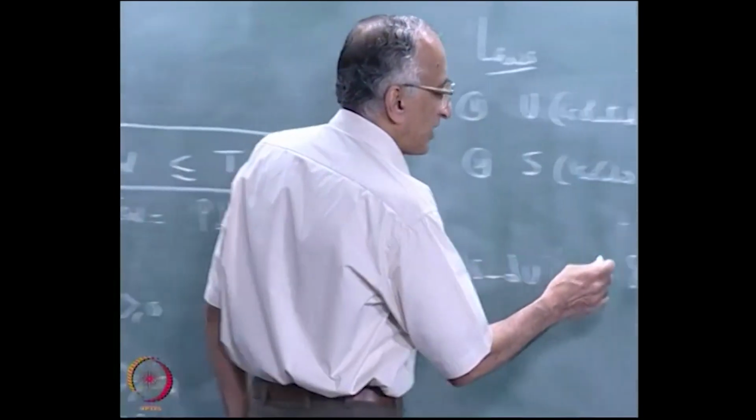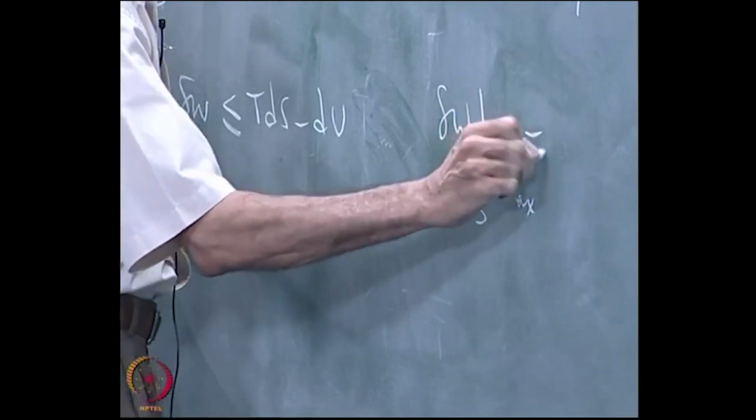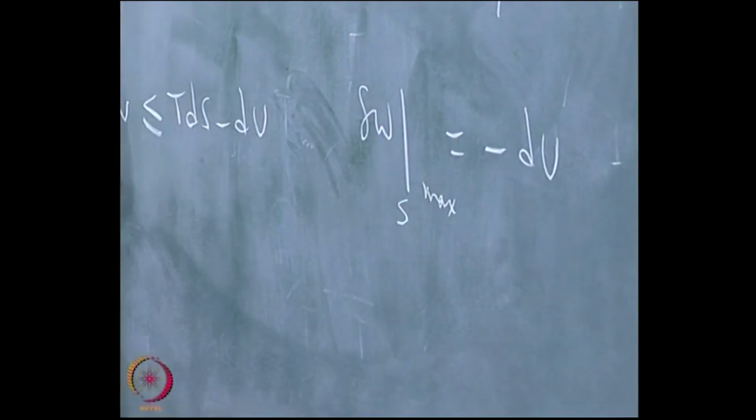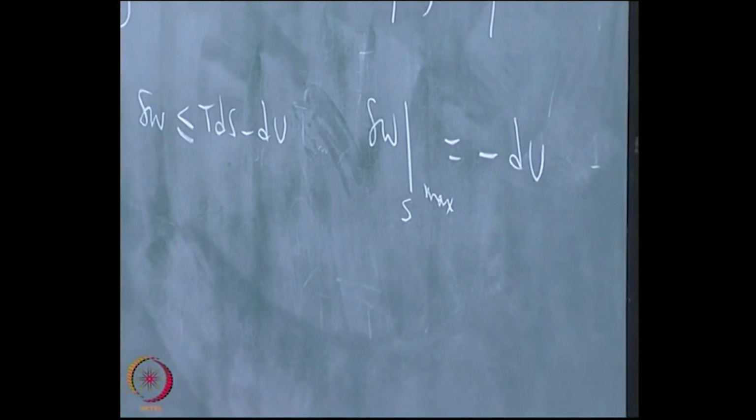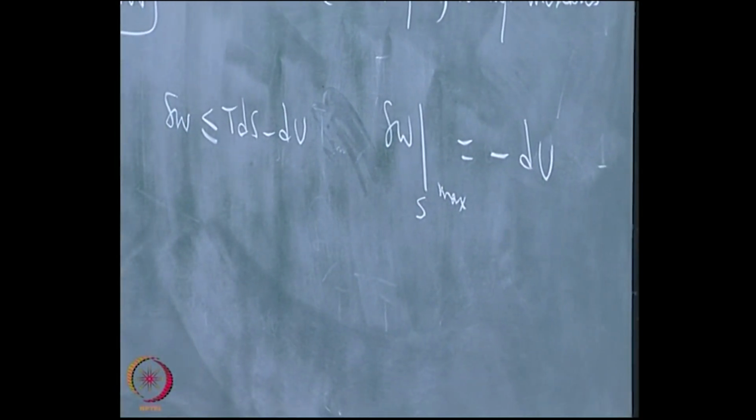So the maximum value of delta W can only be equal to minus dU. So absolutely trivial result.